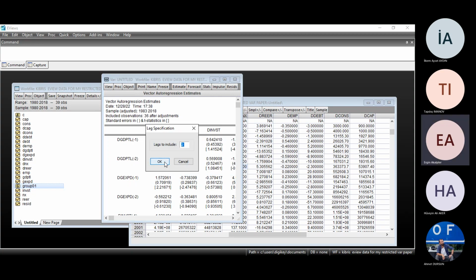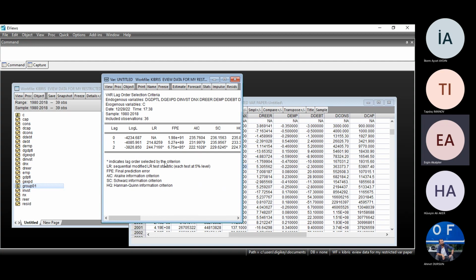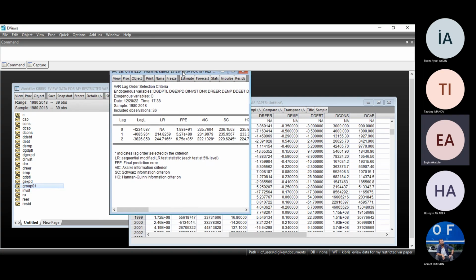Okay, let's try 2. When we look, the stars show the suitability. The AIC, Schwarz information criteria, Hannan-Quinn, and final prediction error are also given here. As you see, these all become available for lag 2.